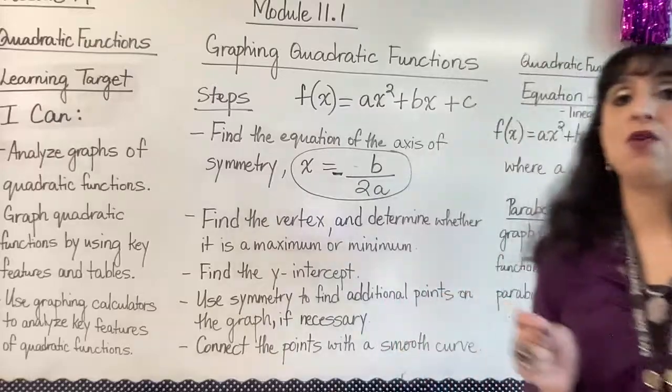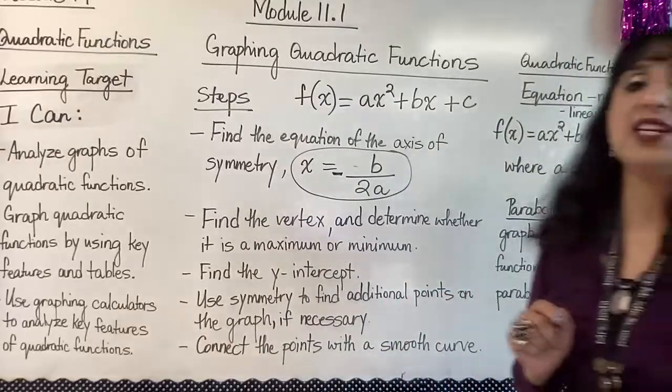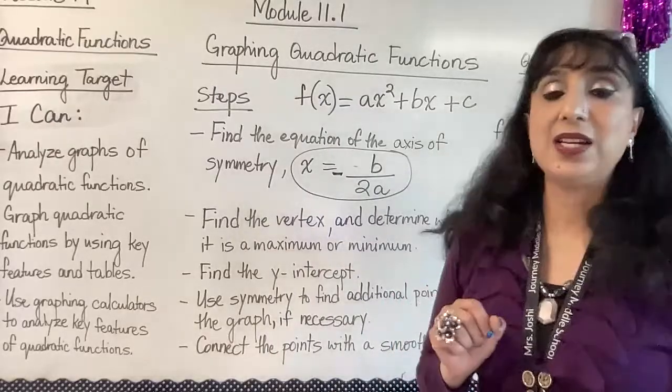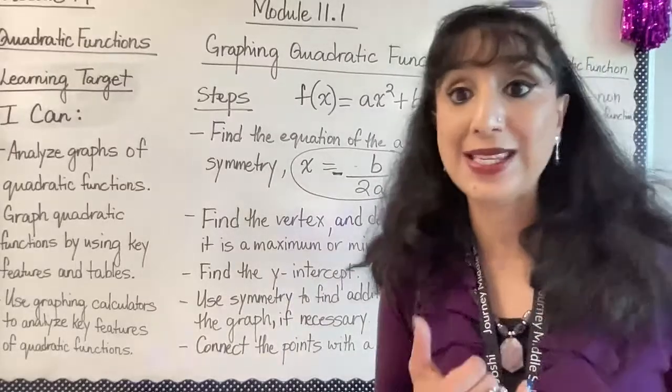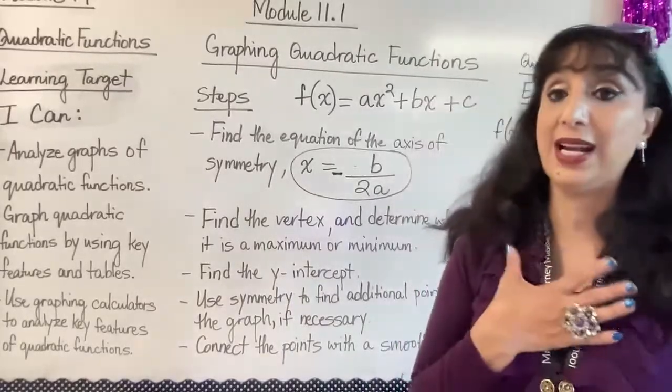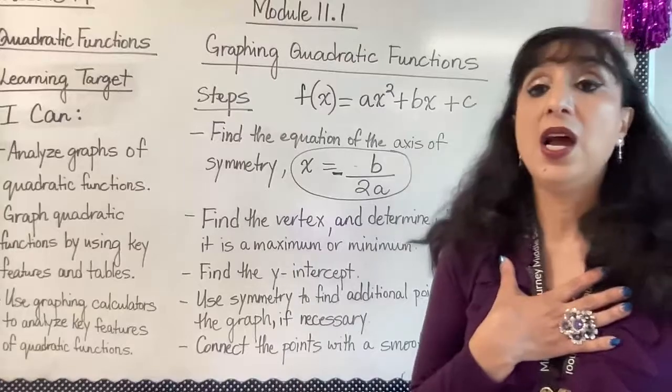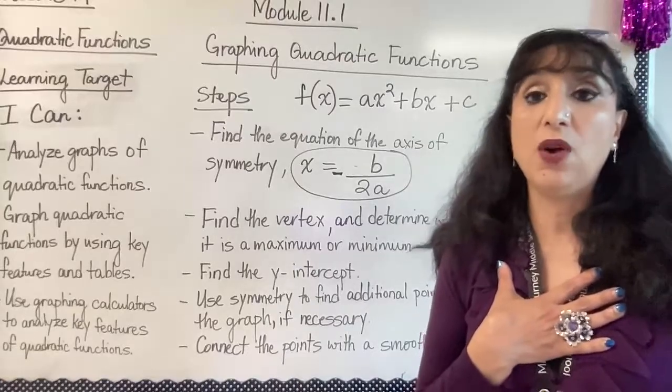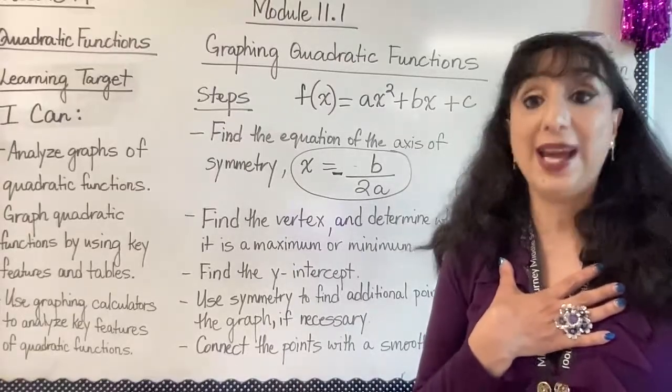Next we are going to find the vertex and determine whether it is a maximum or a minimum. It will let us know whether the curve is opening up or down.